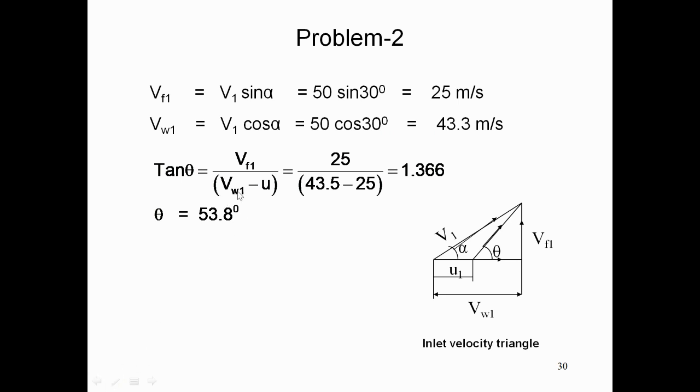Next, we have to find the theta value. So tan theta is equal to vf1 by vw1 minus u, that is u1. By substituting these values, we get theta equal to 53.8 degrees.